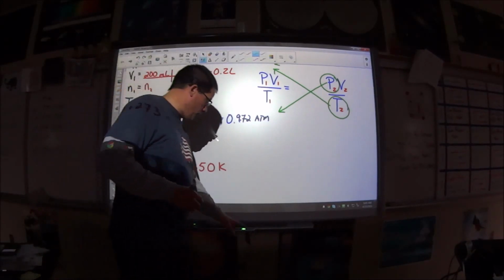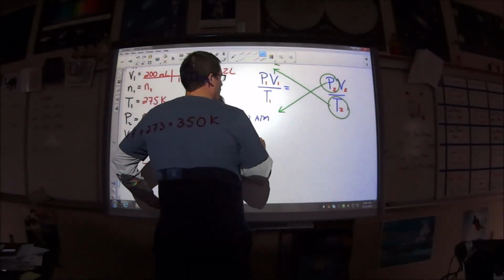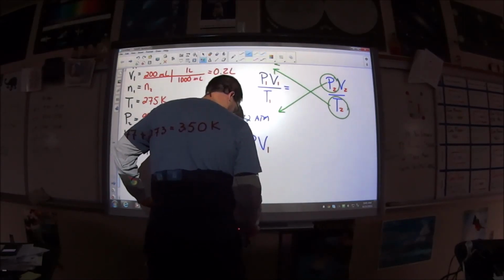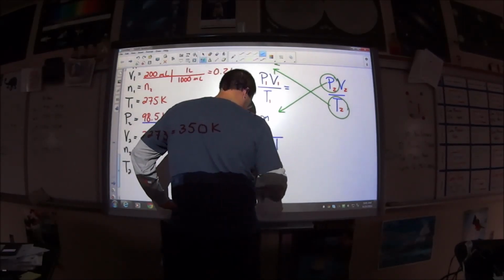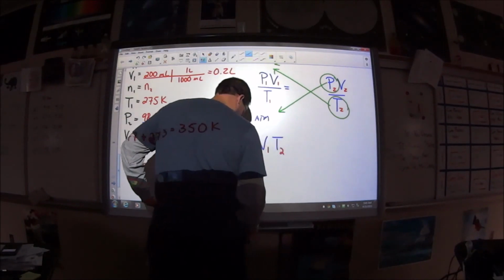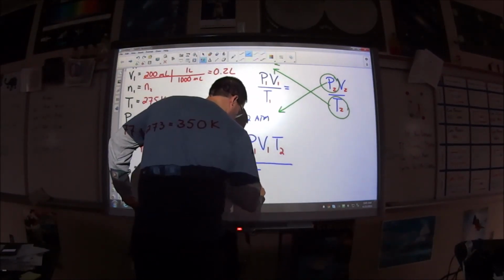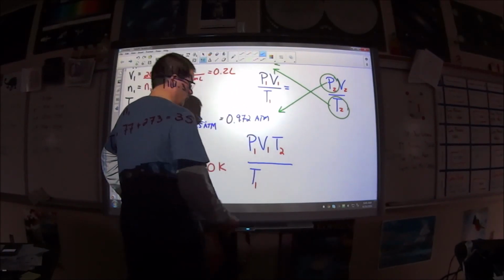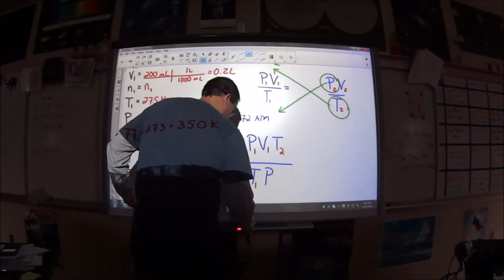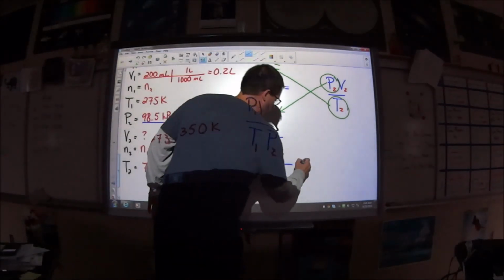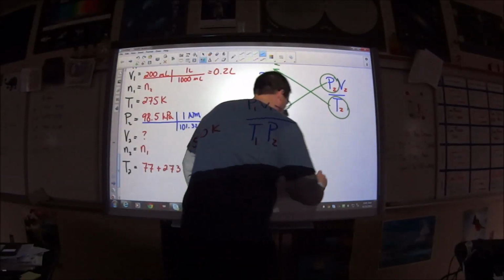So now my equation looks like this, where I have P1, V1 times T2 divided by T1 times P2, and that is all equal to V2.